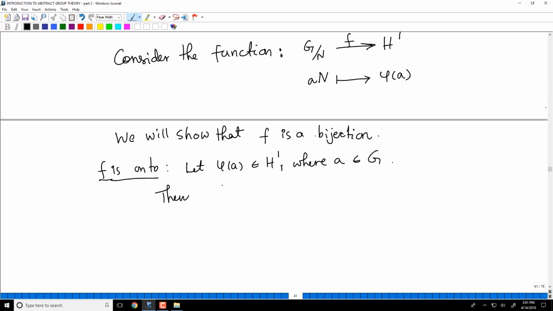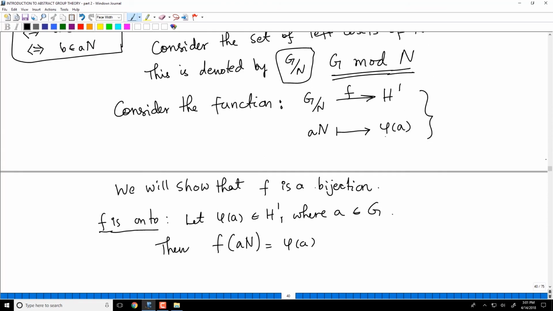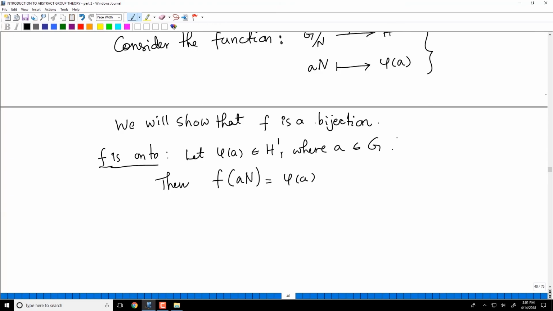Then what is f of aN? By definition, f of aN is precisely phi of a. f sends aN to phi of a. So if phi of a is in H prime, f of aN is phi of a.